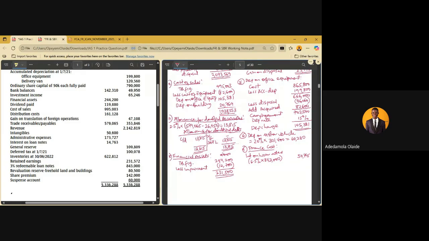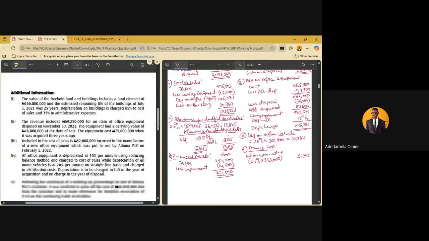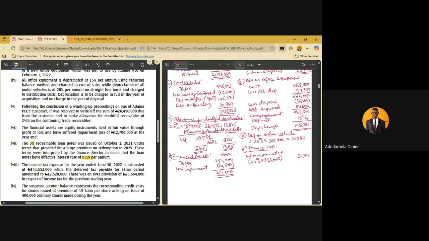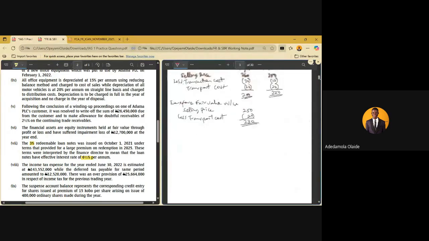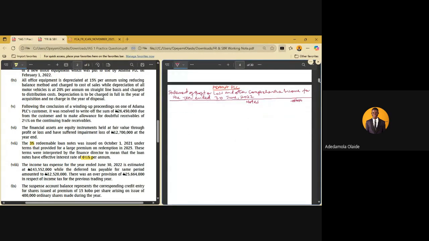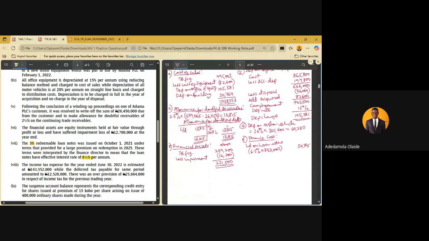Okay, so they told us the loan note was issued on what date? On 1 October 2021. And don't forget, our financial year started on 1 July 2021. That means the loan note interest will not be for the entire year. October to June will be how many months? October, November, December, that will be 9 months. So multiply the figure by 9/12.